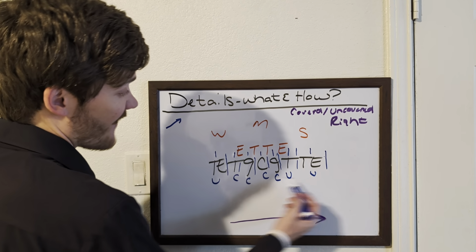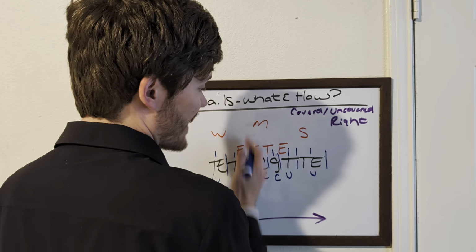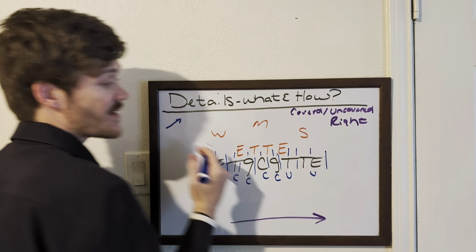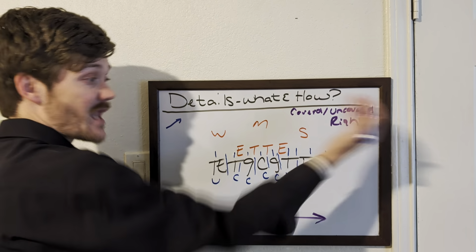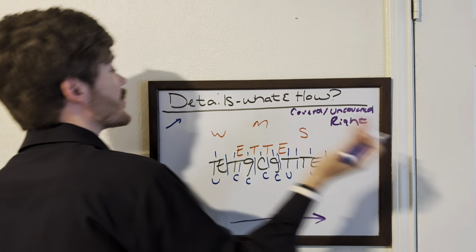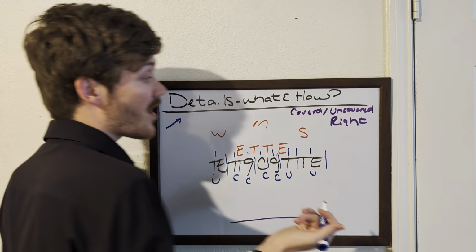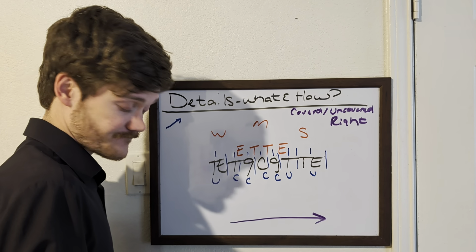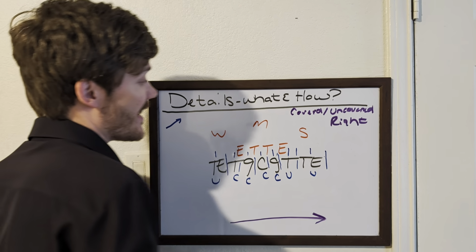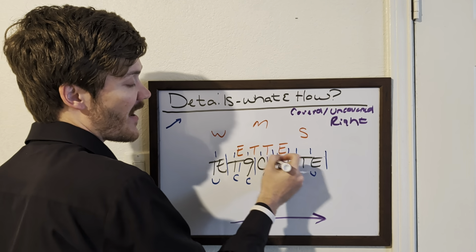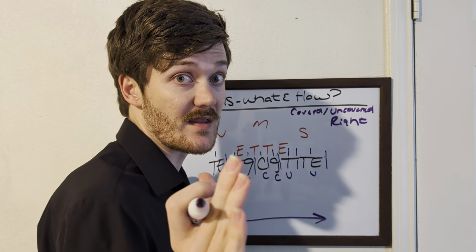So that's how you break it down. Is there somebody directly head up on you or is there somebody in your play side gap? If there is neither, you are uncovered. If there is one of them, you are covered. And how that works is that whoever is covering you is your responsibility.